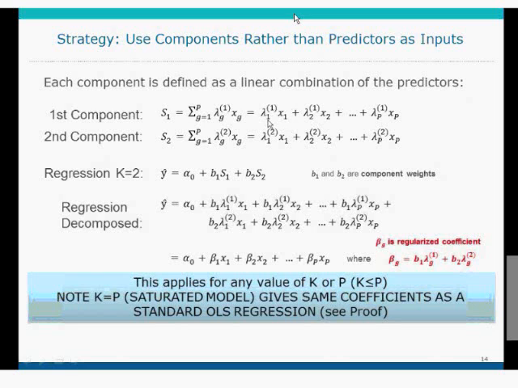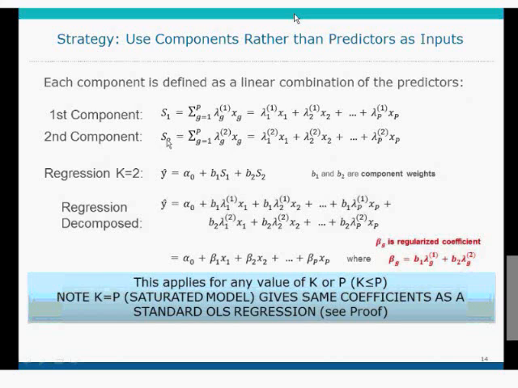So I'm going to use lambdas to be the loadings for the predictors on the first component. So lambda 1,1 refers to the loading of predictor 1 on the first component. The loading of the second predictor on the first component is this.